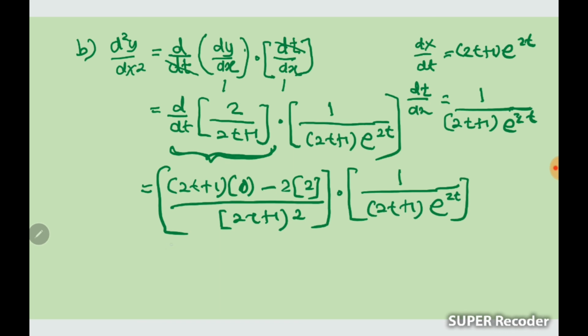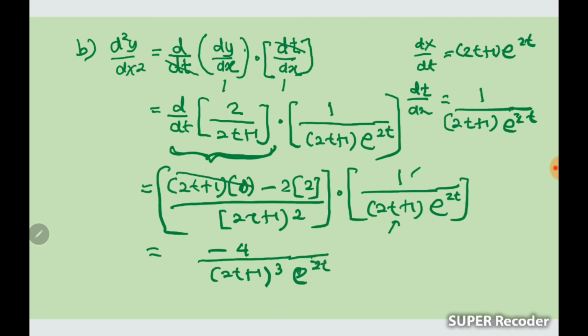Okay, so simplify, you will get, because of 0 here, the answer will become 0. So you will get negative 4 times 1 is negative 4 over, you have 2t plus 1 here, and you have (2t plus 1) squared. So the answer is (2t plus 1) cubed. And we have also e to the power of 2t.